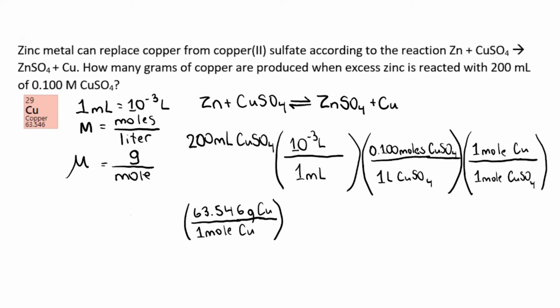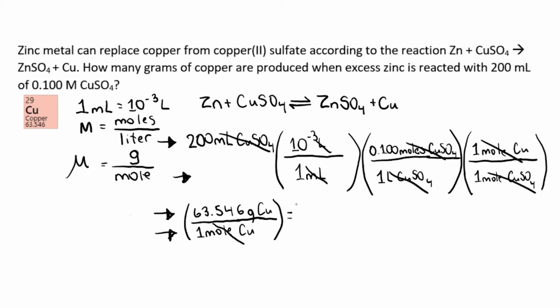Let's go through and cancel all of our units. So milliliters of copper sulfate gone, then liters, moles, and then moles of copper, and we're left in grams of copper. Now all we do is cross multiply across the numerator and denominator, and this is just a continuation of the top.